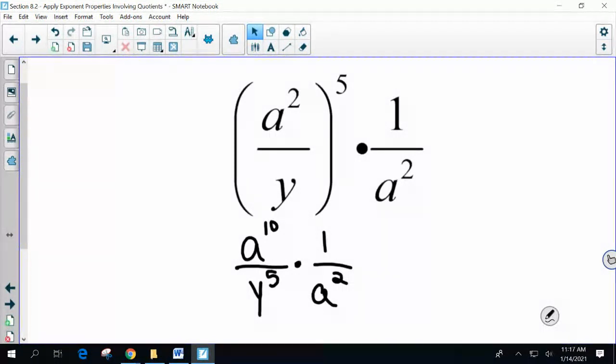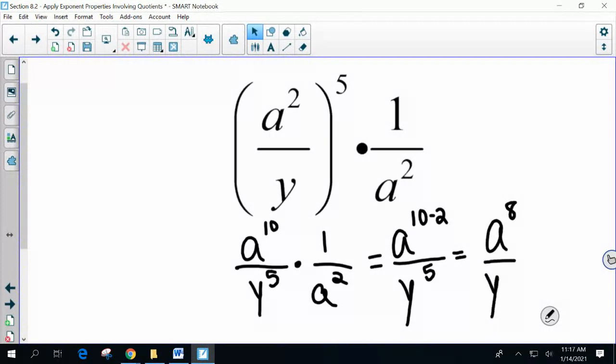Since we have the same base of a, I can take a to the 10th divided by a squared. So that would be a to the 10 minus 2 over y to the 5th. So in the end, I would end up with a to the 8th over y to the 5th.